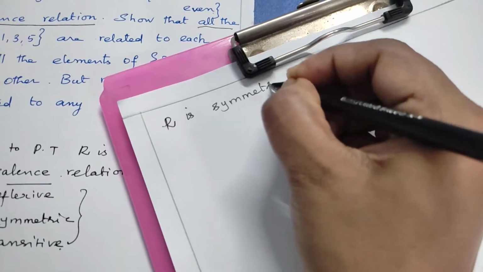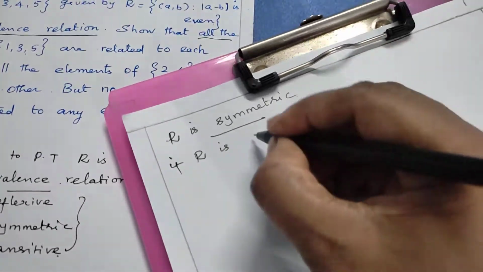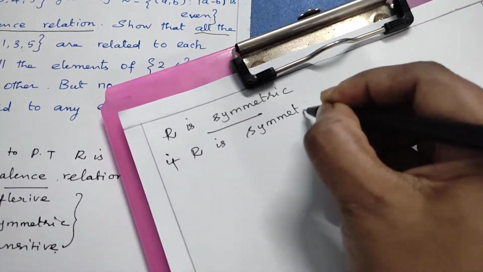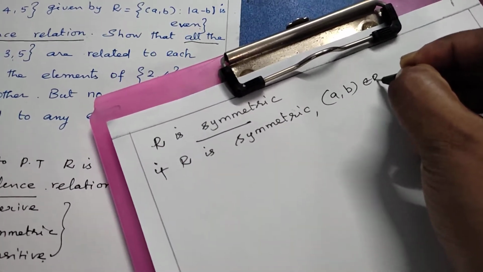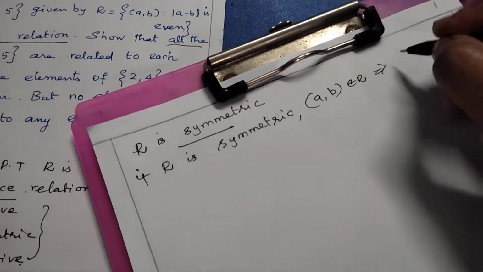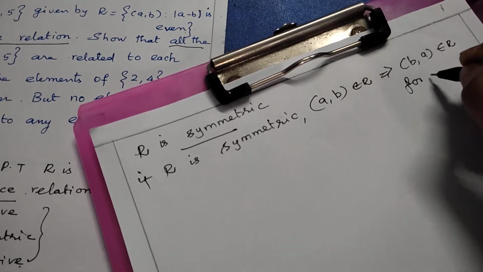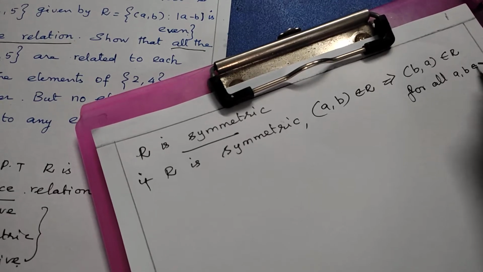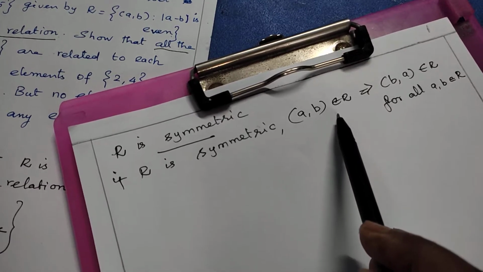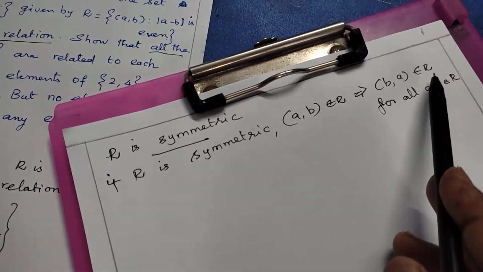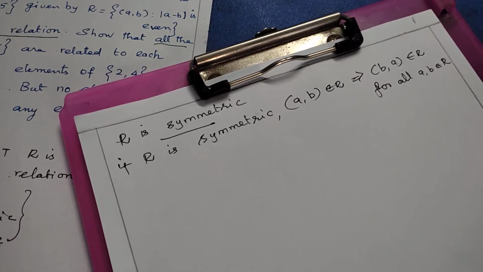If R is symmetric, it means (a, b) belongs to R implies (b, a) belongs to R, for all (a, b) belonging to R. This is the symmetric condition. (a, b) belongs to R implies (b, a) belongs to R for all (a, b) belonging to R. This is the symmetric condition.